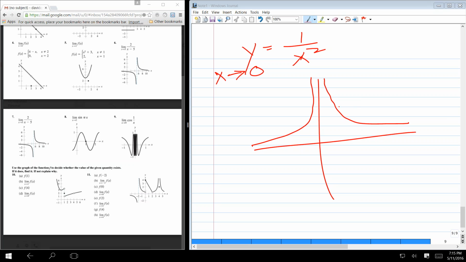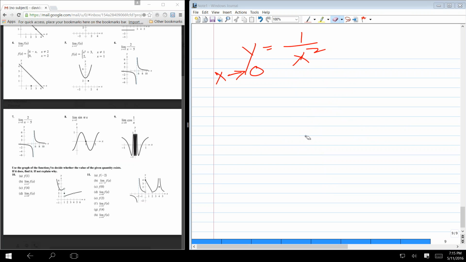The limit from the right is positive infinity, so the limit definitely exists. Even though there's an asymptote there, and there's an infinite discontinuity, the limit still exists. I would say the limit is infinity, but that might be a bit of a stretch.